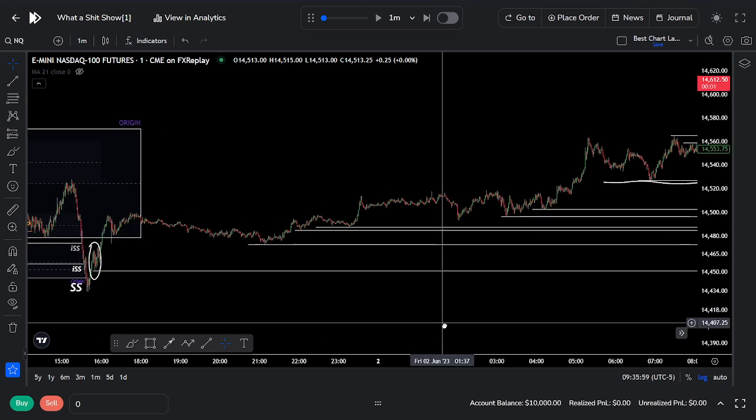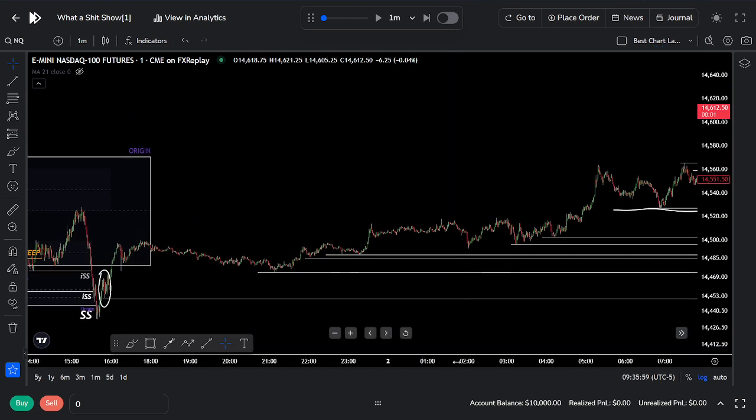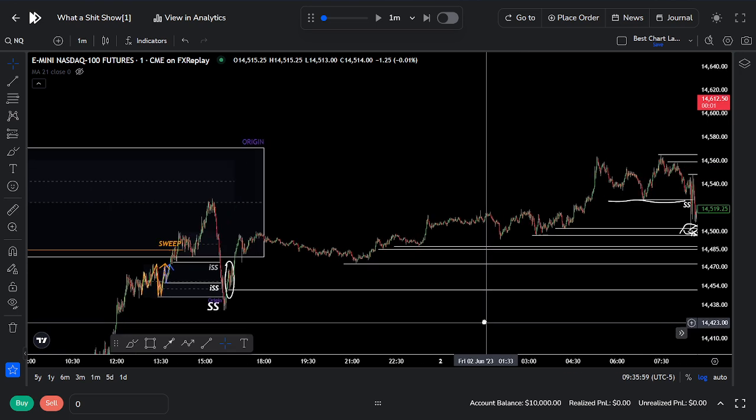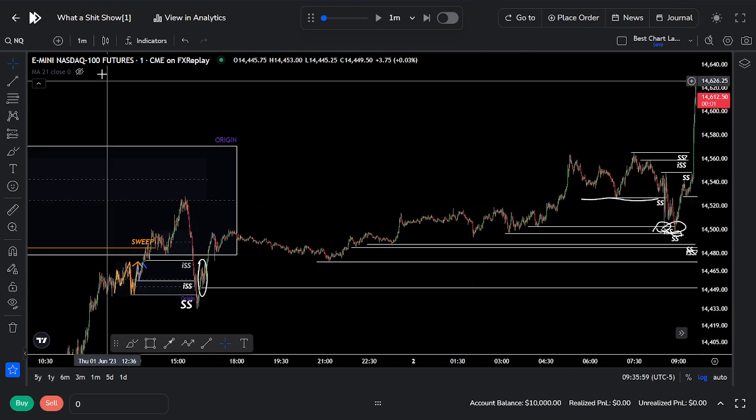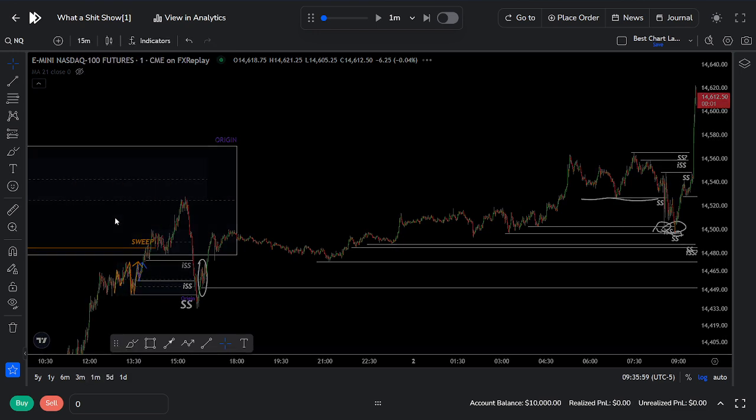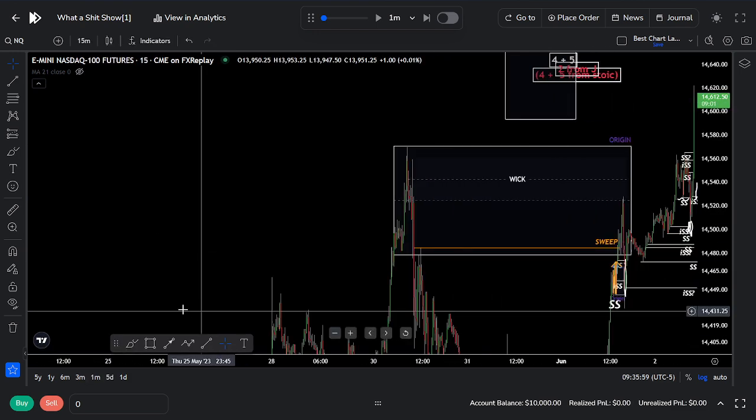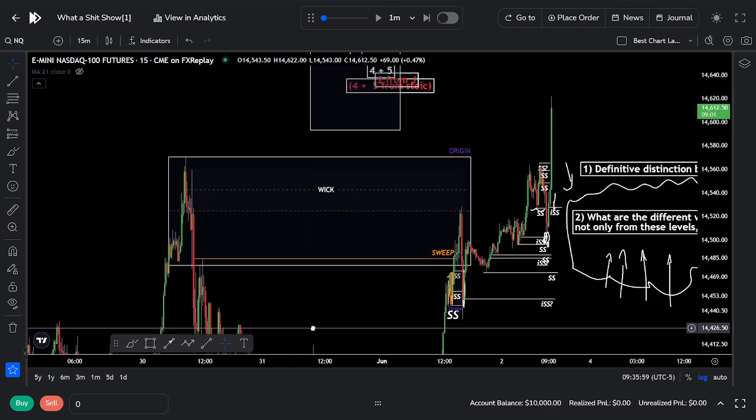So that brings us here. All of these different levels of price. And if we go into the higher time frames again, I don't want to be choosing 15-minute areas. So let me just make sure.